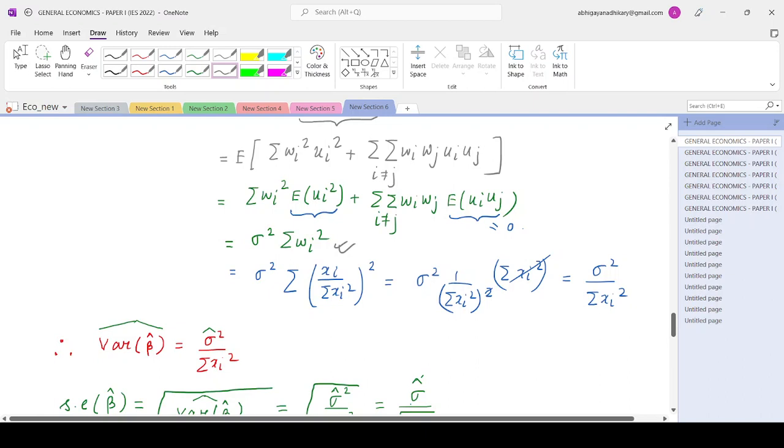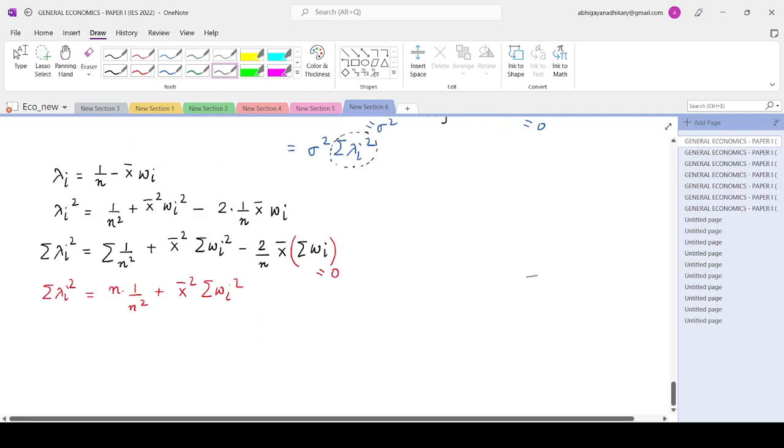The calculation that is involved showed that summation w_i square is basically 1 by summation small x_i square. So summation w_i square is equal to 1 by summation small x_i square. So we can easily substitute it over here. So summation lambda i square equals 1 by n plus x bar square into 1 by summation small x_i square.